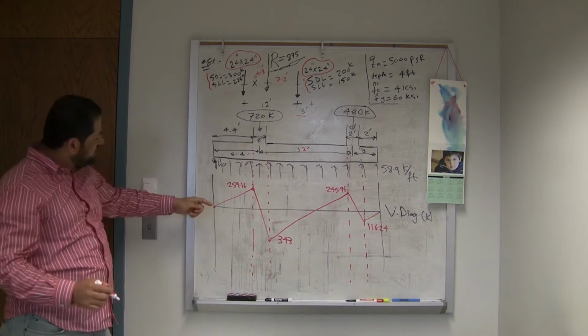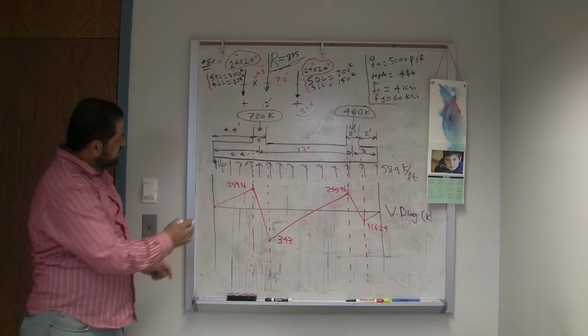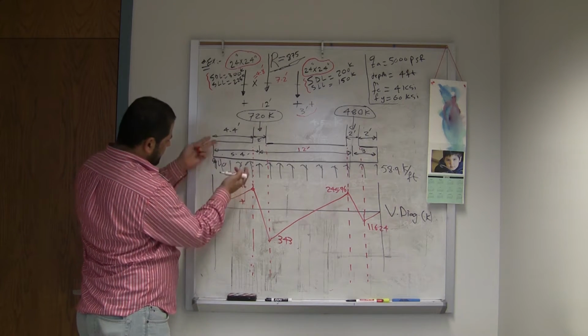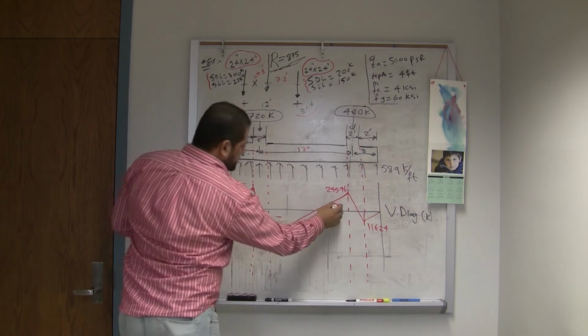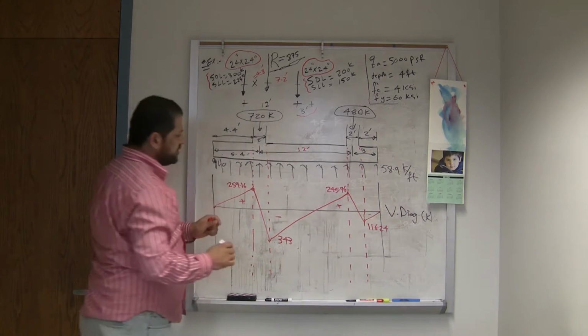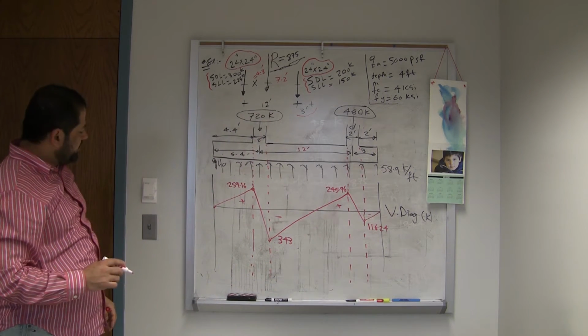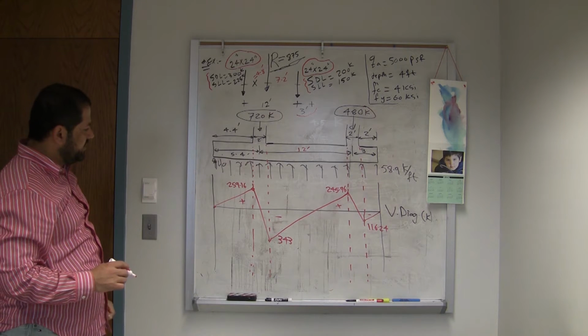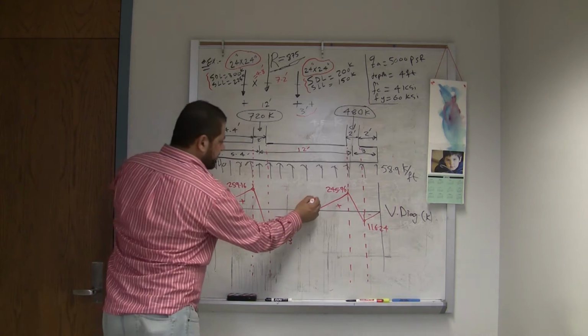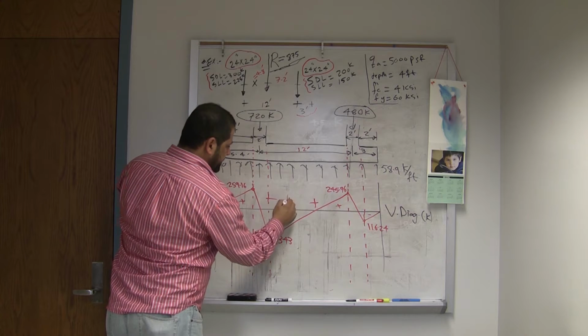As you can see, the moment diagram here will be positive up, this is negative, this is positive, this is negative. So we need to find some distances.